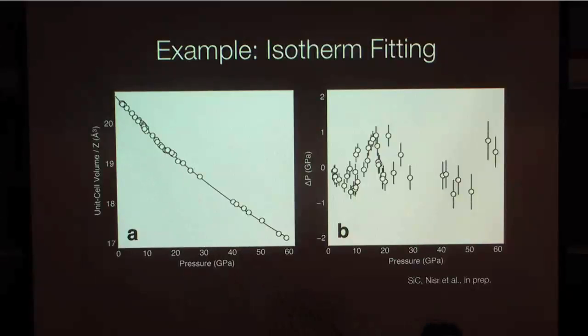The curve behind shows the fit, and the fit residual after fitting is within 1 GPa, which is okay. So this is how you get the equation of state fitting, and out of this fitting you can get V0, K0, and K prime, right? Then you can use this equation to describe any pressure between 0 and 60 GPa. If you want some risk and adventure, you can go beyond 60 GPa.